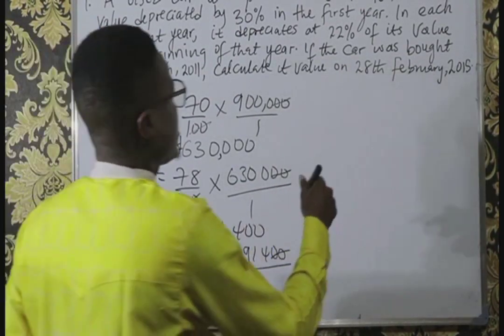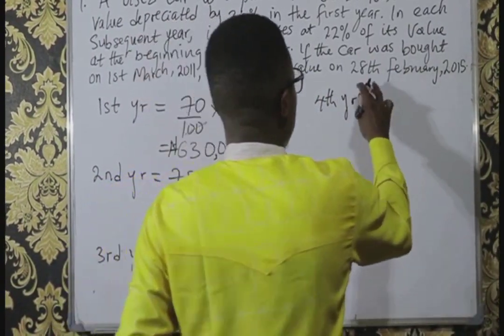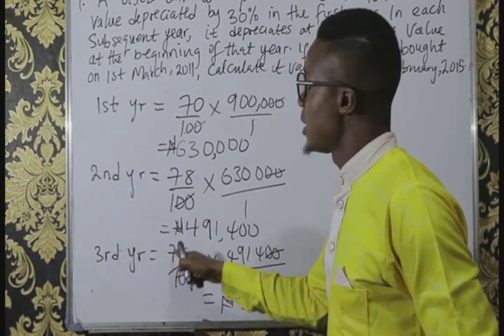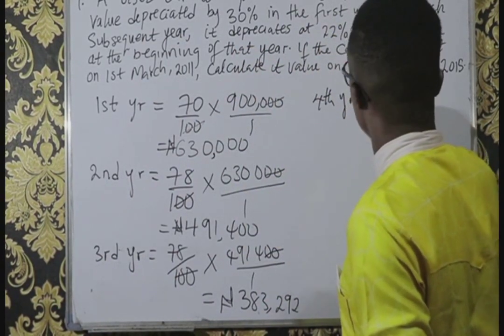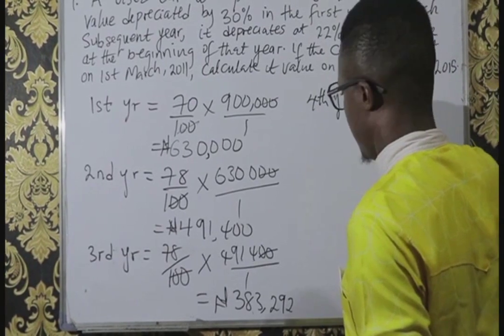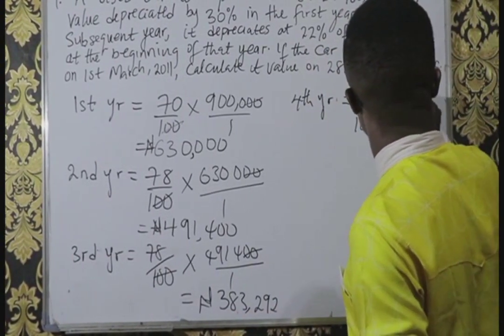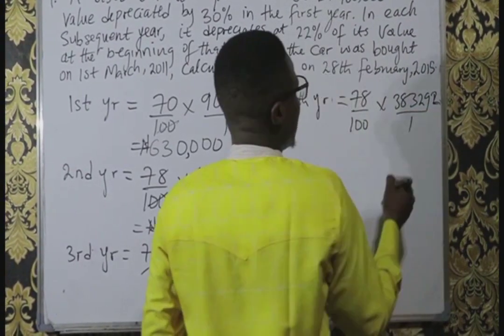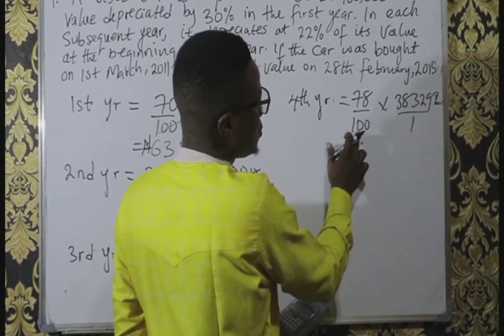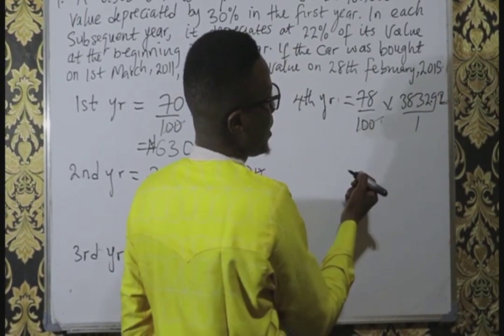Then finally for the fourth year, it is still at 78% because other years are 22%. So we have 78 all over 100. Then multiply by 383,292 all over 1. Now there are 2 zeros in 100, so you move 1, 2 and put a point here so that the 100 will be cancelled.